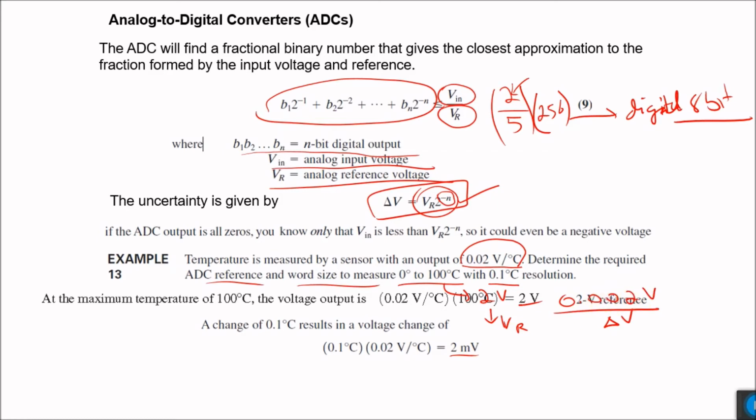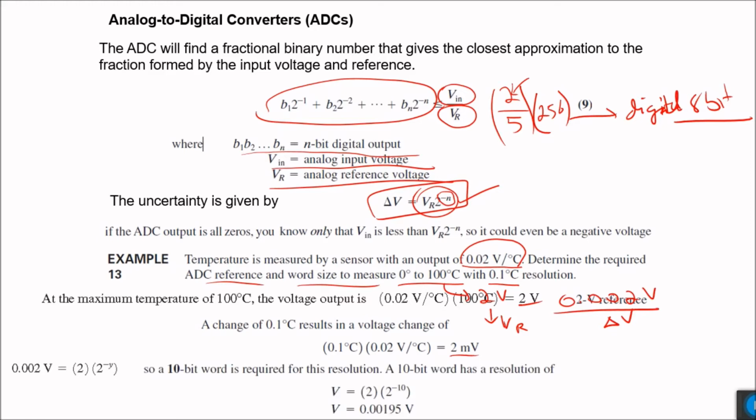So this means that 0.002 is equal to 2 into 2 raised to power minus N. That N can be found easily using a log on both sides, and that comes out to be 9.996. So a 10-bit word is required.